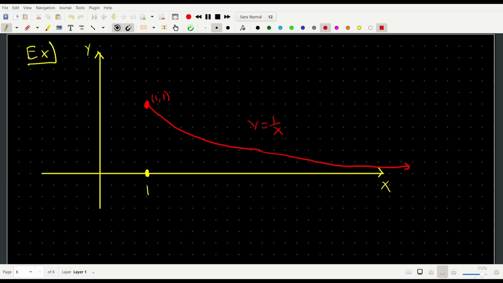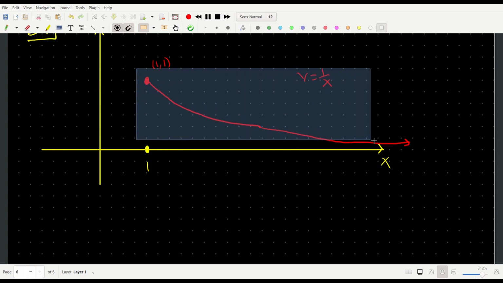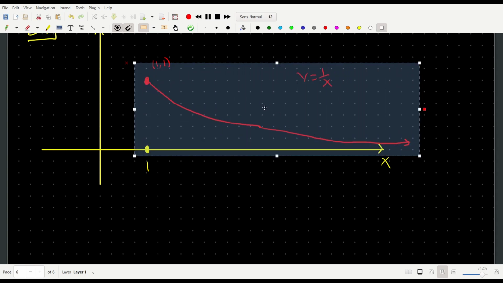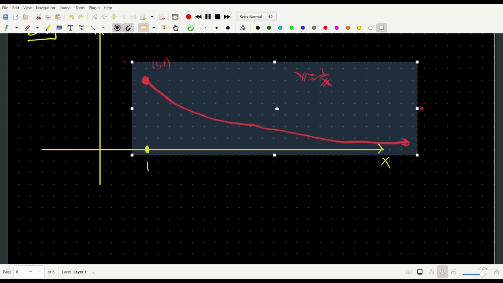And in your Calculus 2 course, you'll hopefully have seen a number of different surfaces of revolution, which are surfaces that you get when revolving a given curve around a given axis. So in this case, we're just going to consider the surface of revolution that we get when we revolve the curve y equals 1 over x around the x-axis.